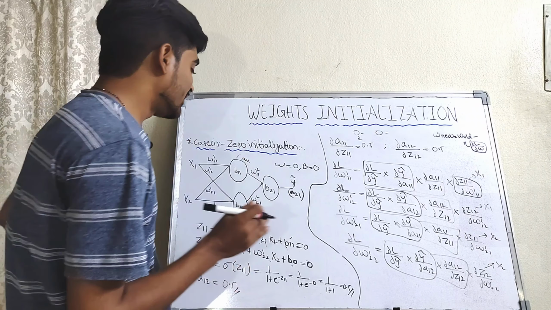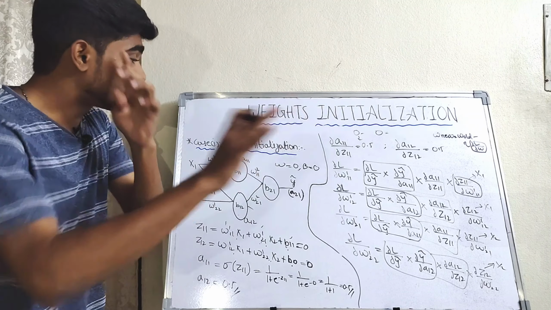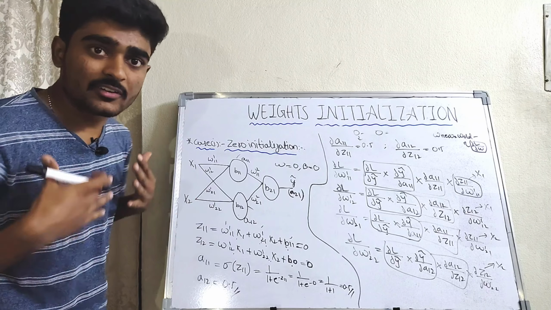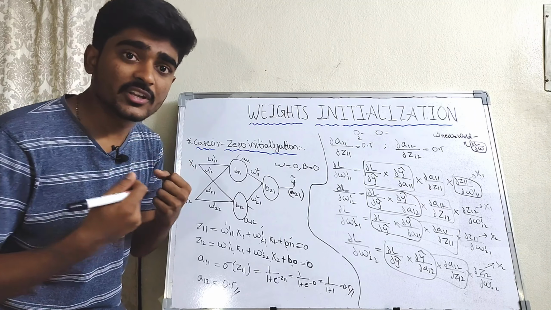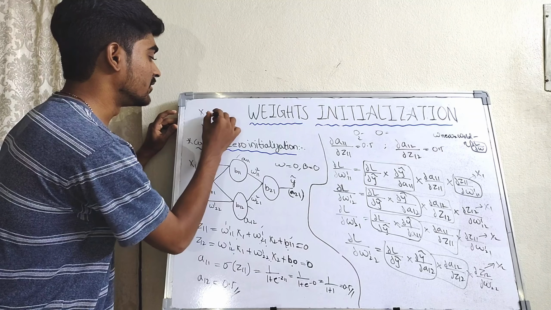So when this equality holds, after certain training your neural network transforms the architecture into this form.